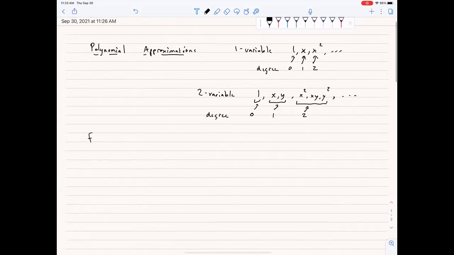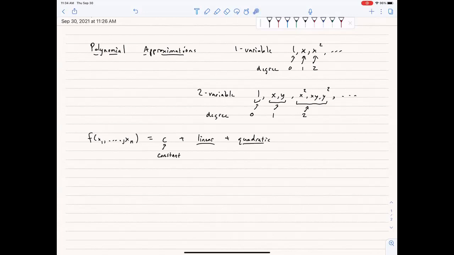So what we want to do in general is we start with our general function f(x1 through xn). Let's say we're in n variables now. And we want to expand it out like a Taylor series type expansion. Right, we'll get a constant term. Then we'll get some linear term. This is degree 1. This is a quadratic term, degree 2.